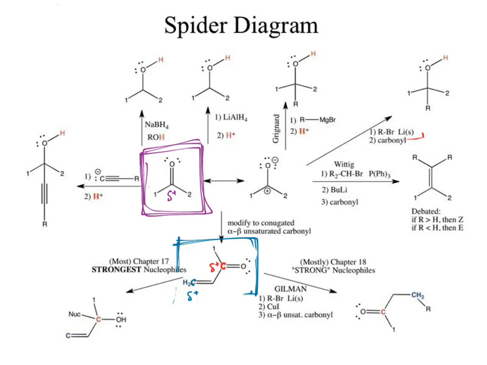It attacked the blue. Just because we have a negative carbon does not mean it's strongest. The Gilman reagent is a new reagent that we'll be talking about that is an organocuprate. Okay, so it's an organic compound with copper involved in it. That weakens the negative nucleophilic carbon just enough that it doesn't attack the carbonyl, it attacks the carbon of the alkene.